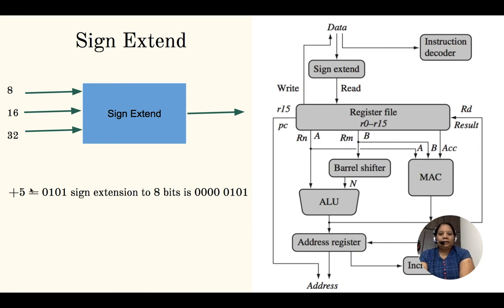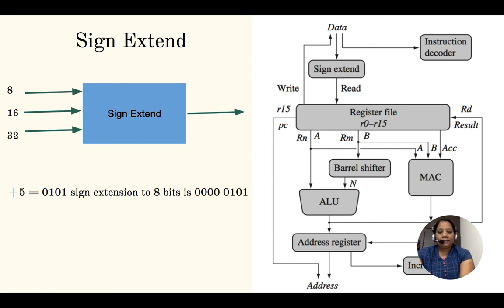Let us say that the number plus 5 is represented as 0101. Suppose this has to be extended to 8-bit data. This is just 4-bit data, so we add 4 more zeros in front of it to make it 8-bit data. This is known as sign extension.